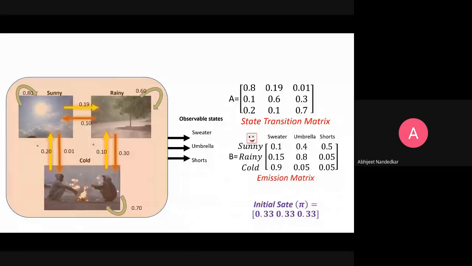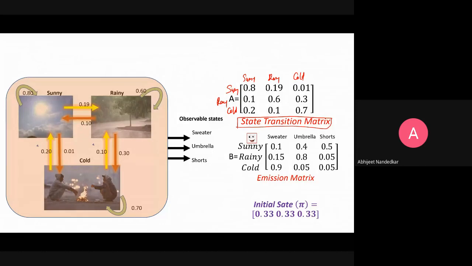Now here there will be one extra table given to you along with the earlier table A. The earlier table A is the state transition matrix, same as the previous one. So you have sunny day, then sunny day as next day, then rainy day as next day, cold day as next day, then rainy and again cold. So this is same as the previous.